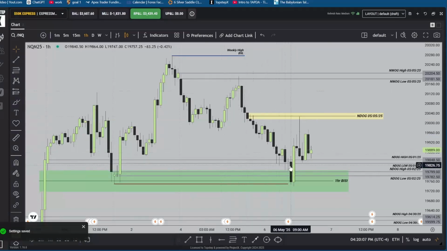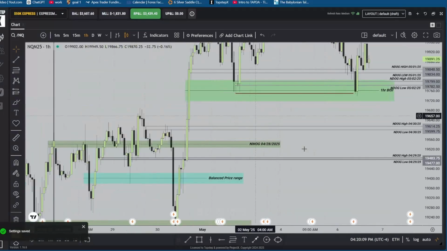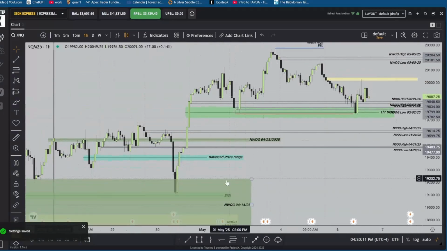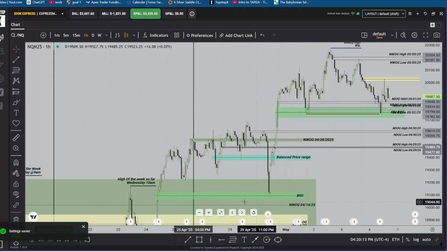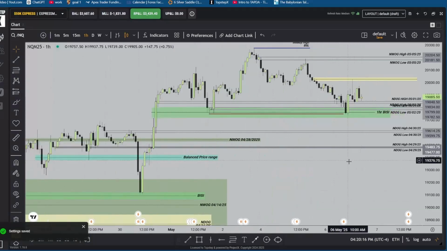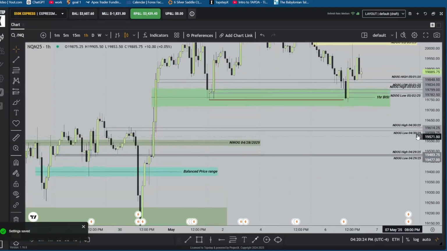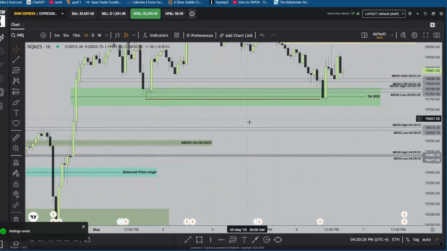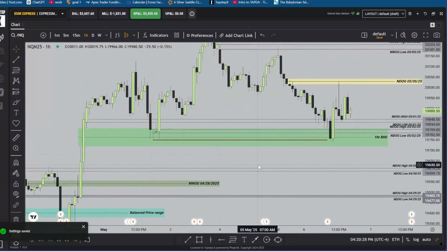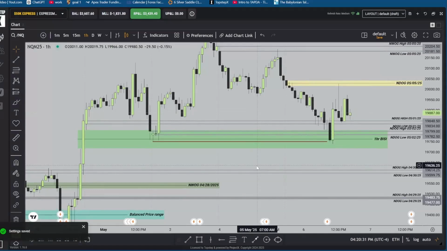Seeing that it's too late to short, right? Because the remaining liquidity would be resting below here, right? And to me, that would take a real move to get there. Especially on a day before FOMC, I don't think that's likely, right?